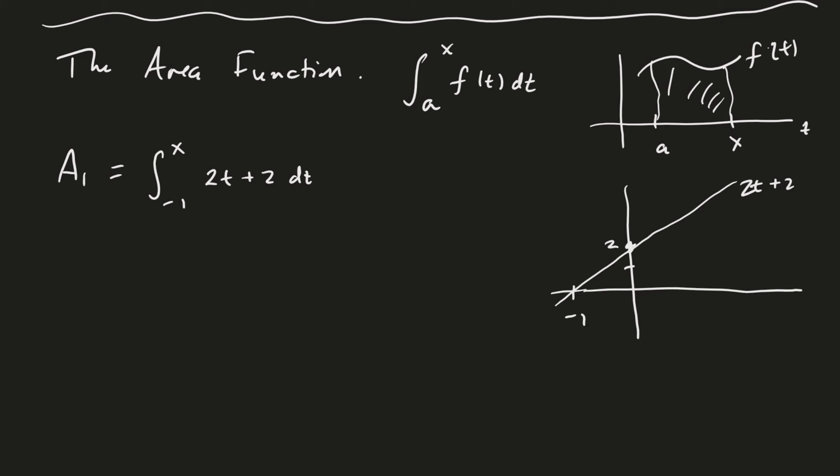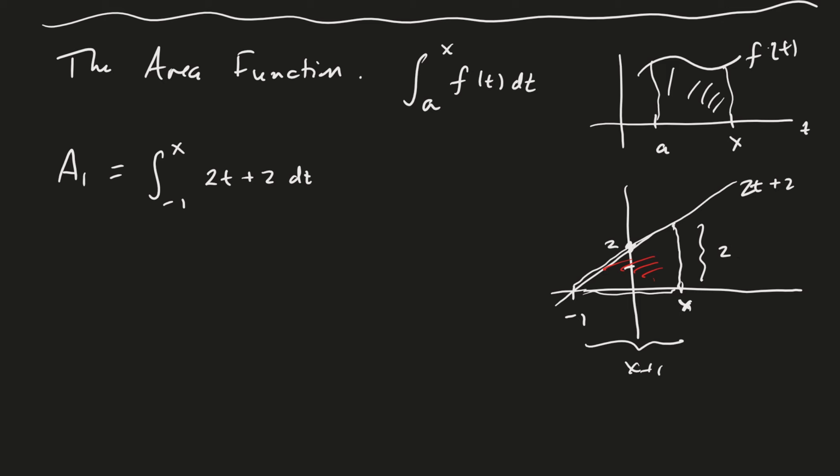Good. Now, if I'm sitting here at x, can I write down what my area function will be? And you can see it's just going to be the area of this triangle here, right? And so the base is going to be x plus 1, and then the height will be 2 times x plus 1 plus 2.